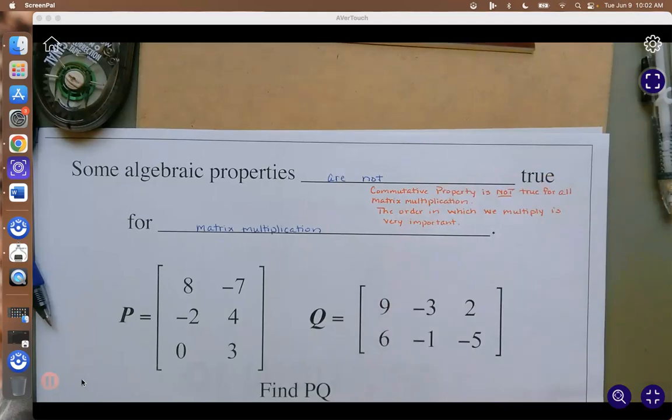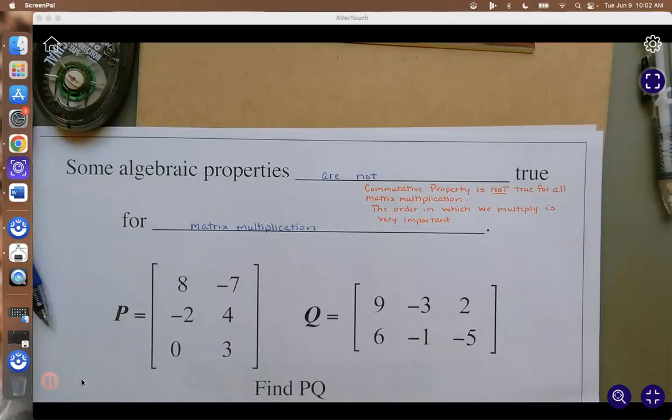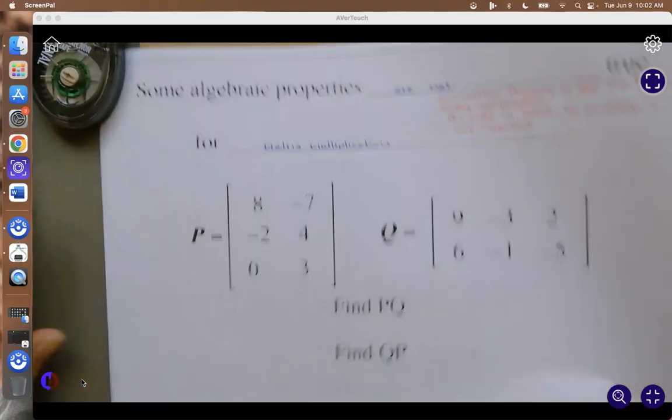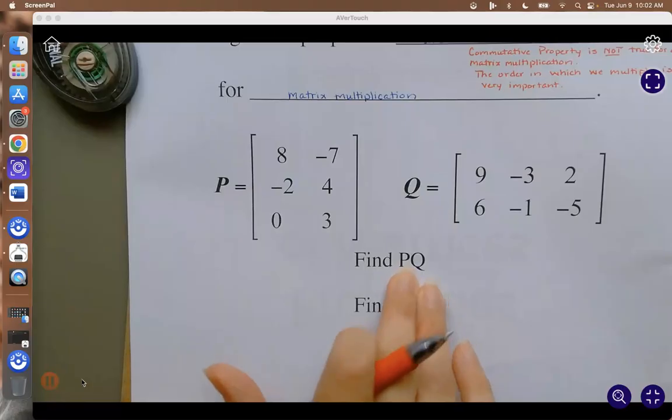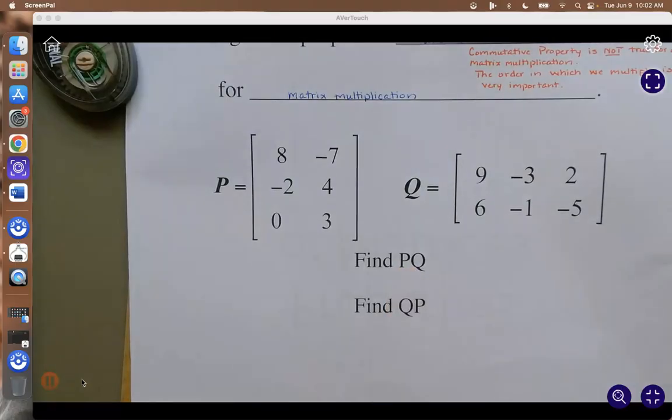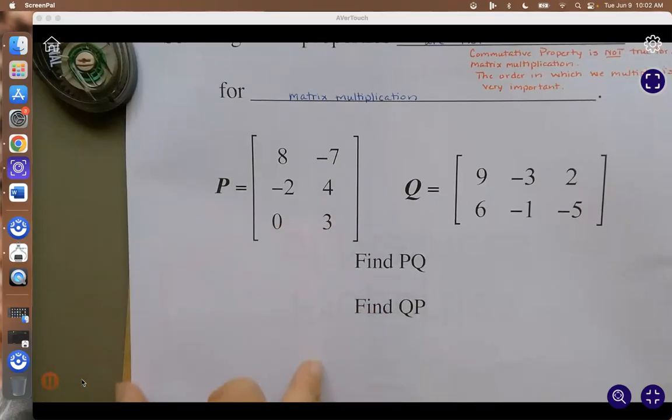Okay, so we're going to be given these two matrices right here, and we're going to multiply them first as P, then Q, then Q, then P. So we're going to do the first one over here and the second one over here.